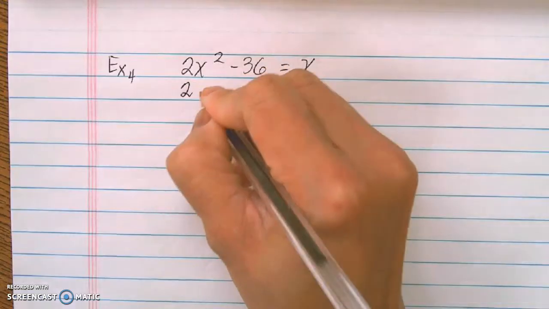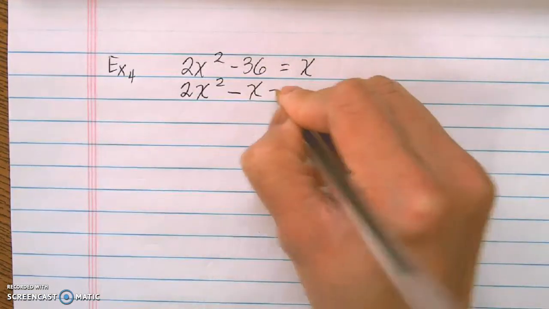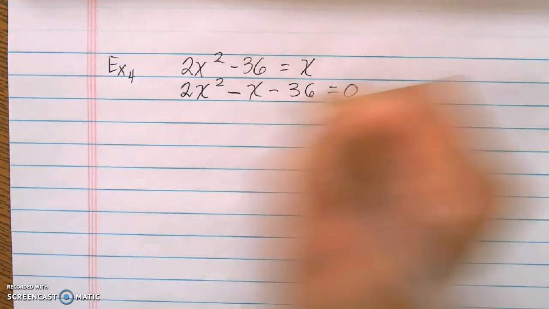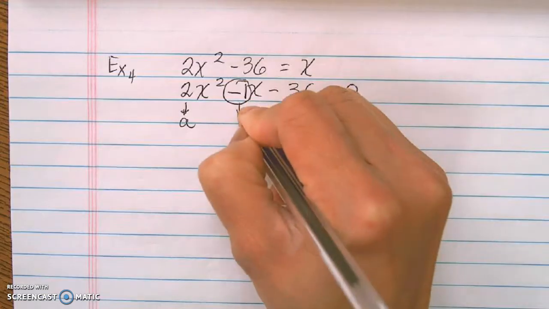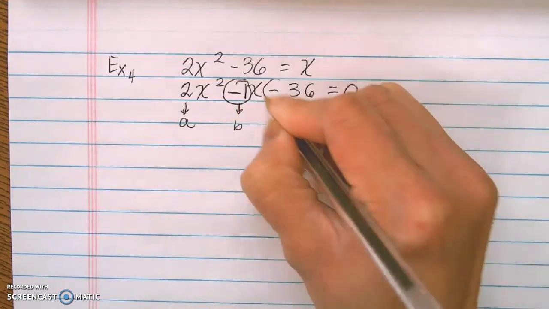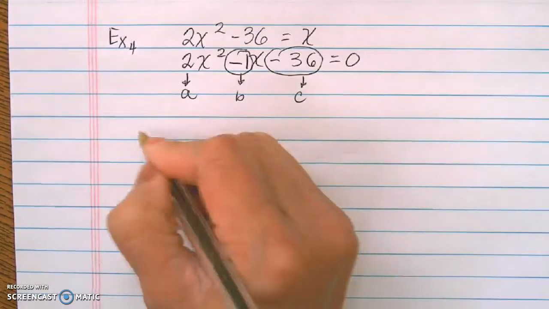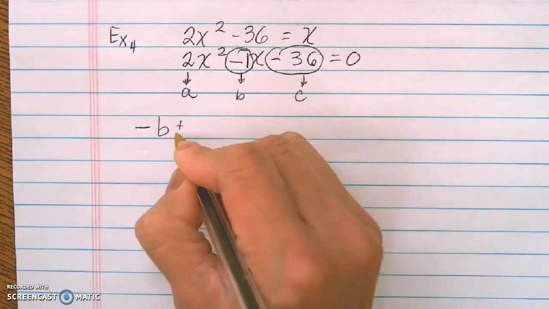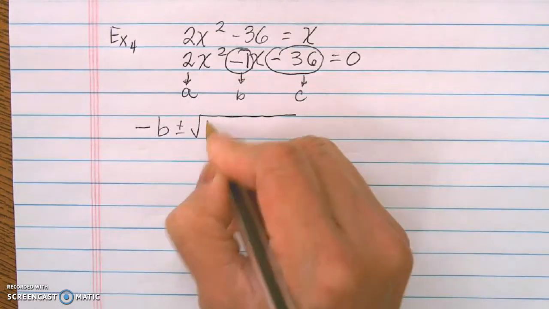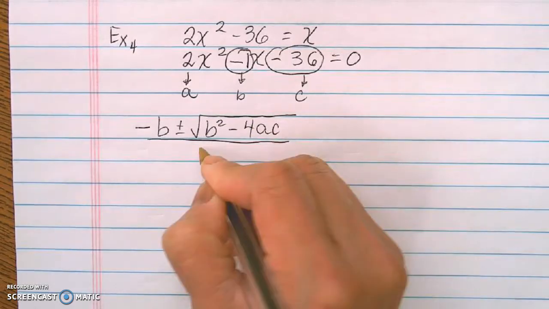So this is going to look like 2x squared minus x minus 36 equals 0, where 2 is our a, negative 1 is our b, and negative 36 is our c. So let's do our quadratic formula again. Negative b plus or minus the square root of b squared minus 4ac all over 2a.